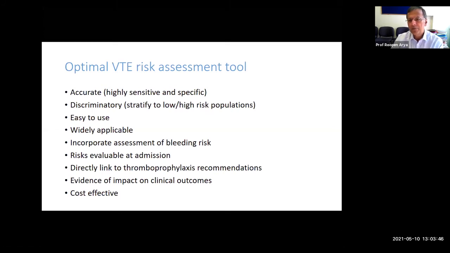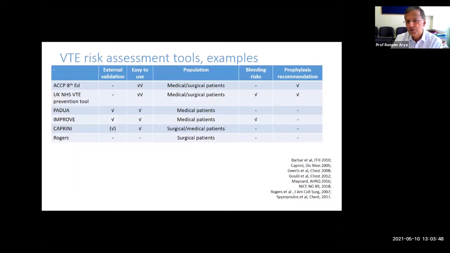So there are many, many risk assessment tools that have been developed over the years. Quite early on in the process, there was the ACCP guidance in the kind of group led by Bill Gates at the time. And then the NHS risk assessment tool, again, it was derived over 10 years ago, and covering a population of both medical and surgical patients.